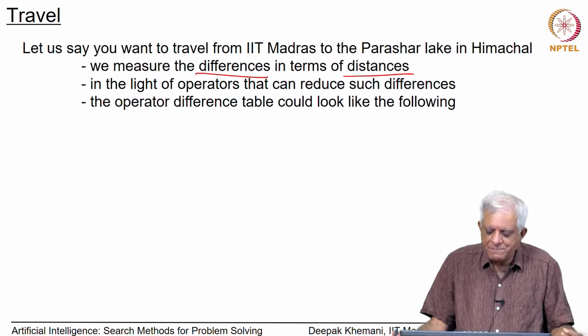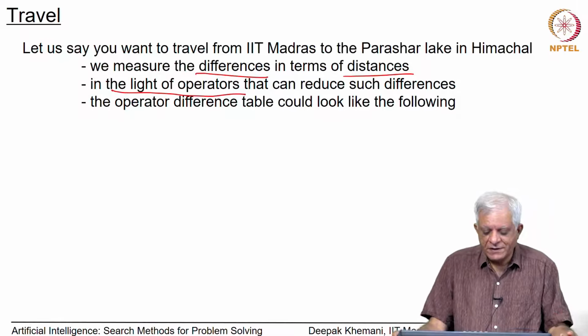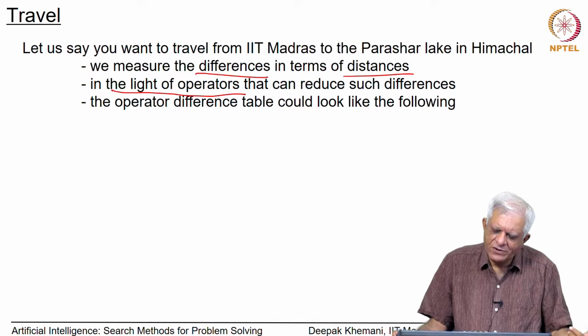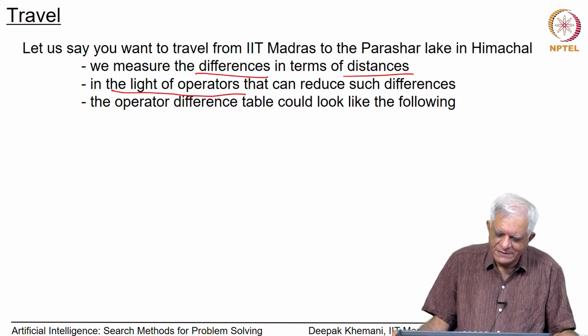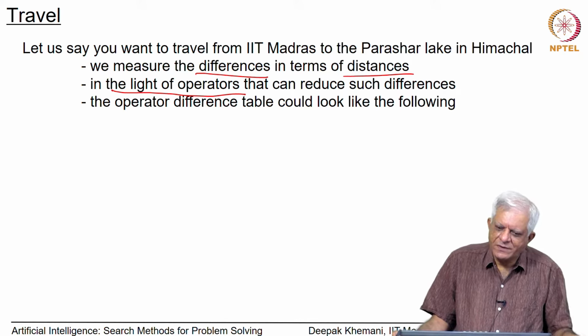Now, obviously, you do not measure distances vaguely, but you can only measure them in the light of the operators that are available to you. So, for example, if you were planning a trip from Tamil Nadu to Himachal, then you would basically say okay, first thing is how do I get to Himachal, and that is the largest difference, that you are in Tamil Nadu and you want to be in Himachal, and then you worry about the remaining smaller things essentially.